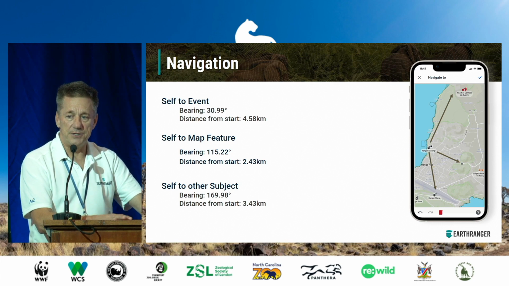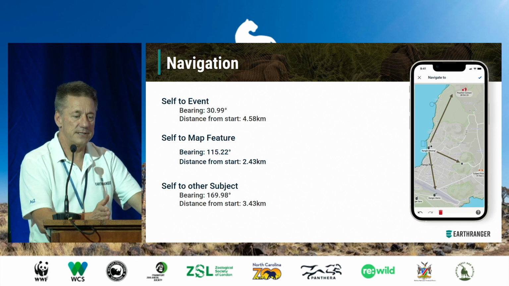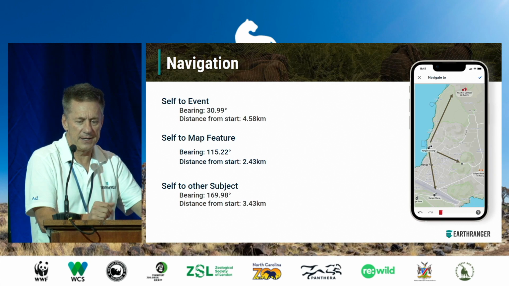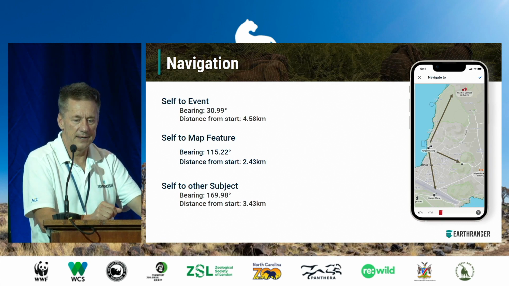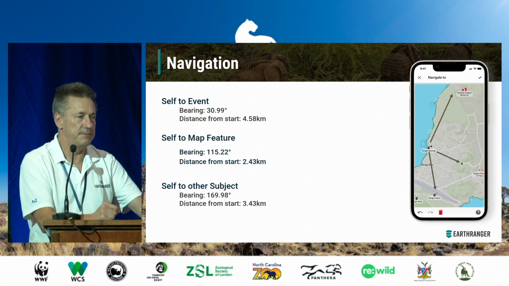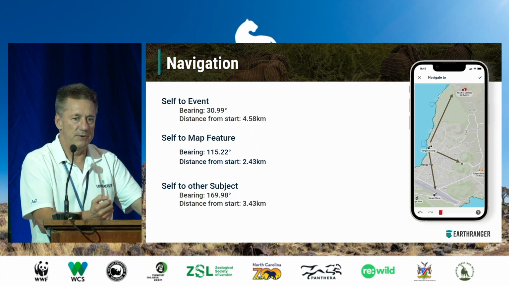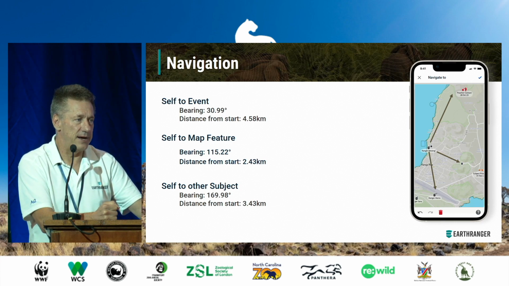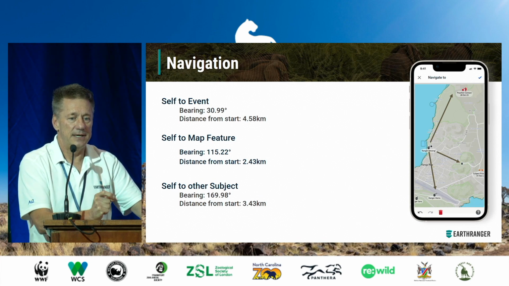So what you can then do from the mobile app is navigate to any one of those points. The first would be an event. The scenario here, up in the top of the screen, is a poacher contact. Somebody has captured that. They've either captured it on their mobile phone and said we've got a contact with a poacher, or, if you're on a digital two-way radio, you could radio that back to your ops room to say we've got a contact.